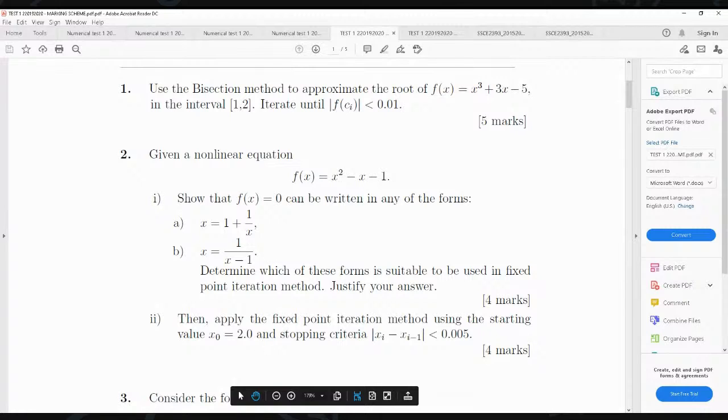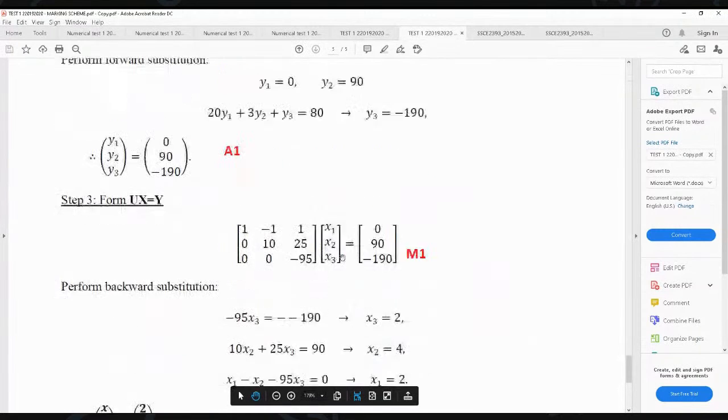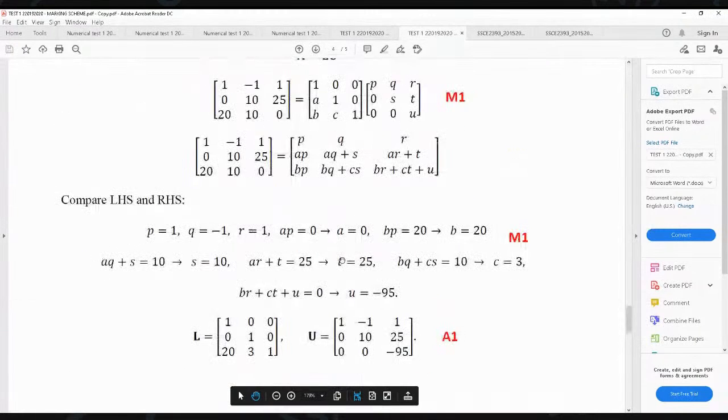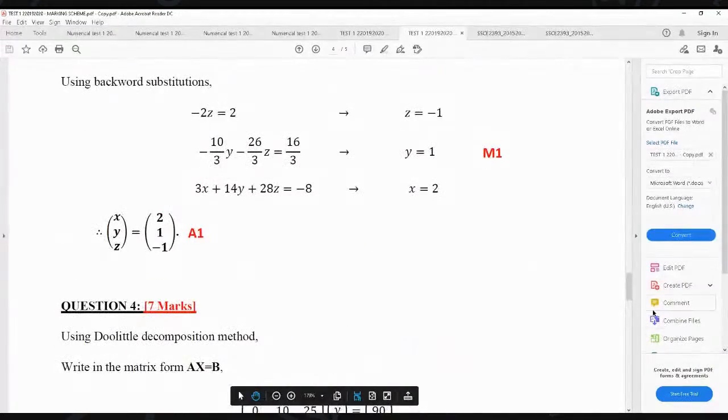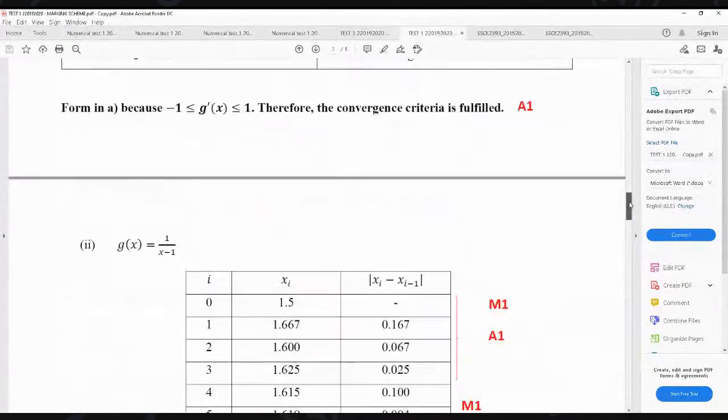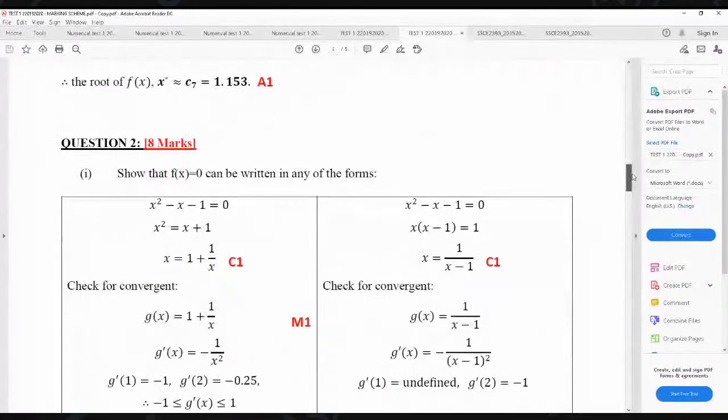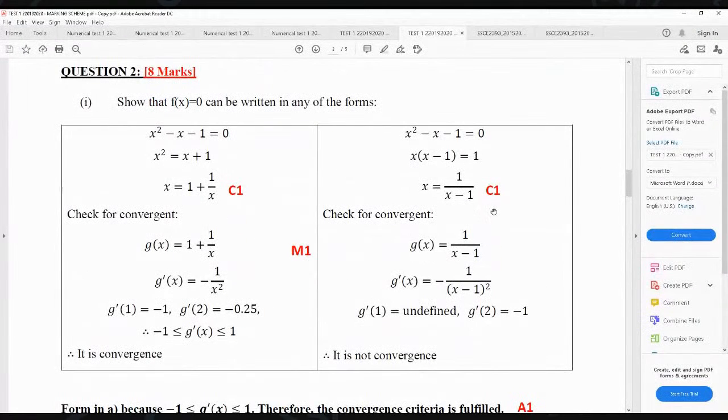Okay, let's go to the answer. We want to go to question number 2. They want you to show, the first is x equal to 1 plus 1 over x. The second is x equal to 1 over x minus 1. Very easy.